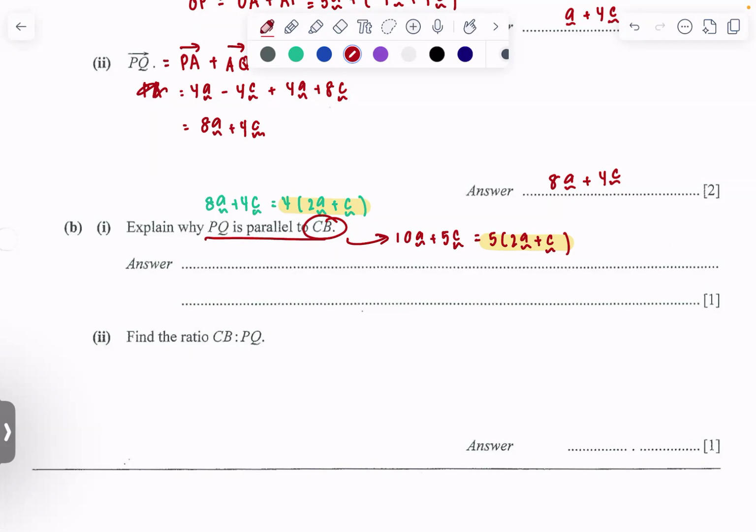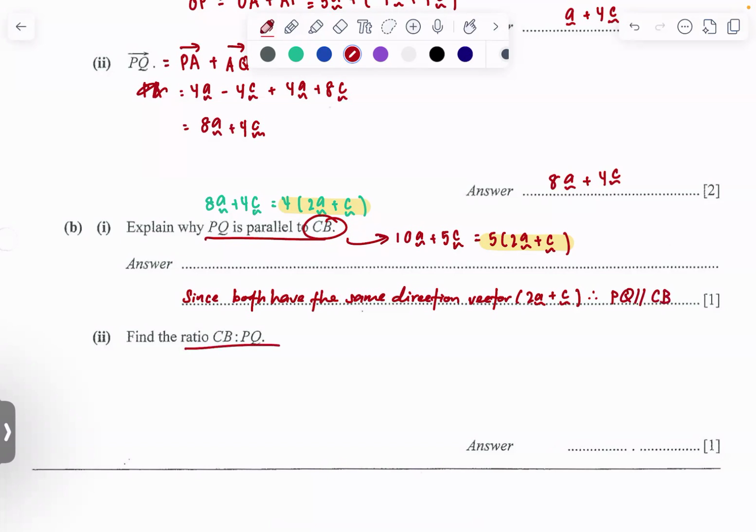Okay, so you can say that since both have the same direction vector, 2A plus C, therefore PQ is parallel to CB.